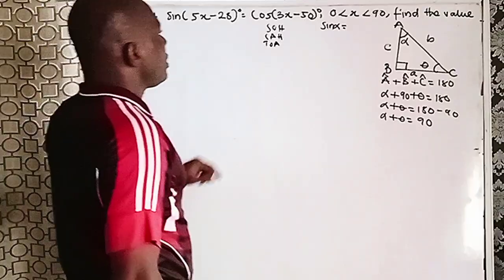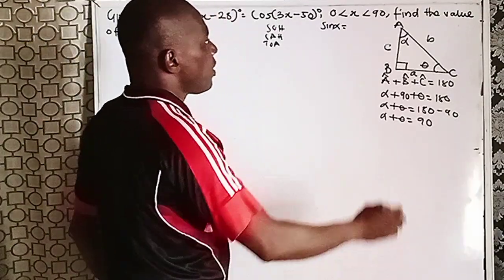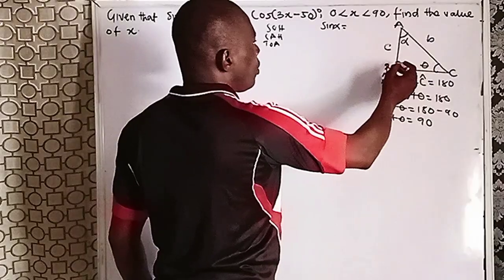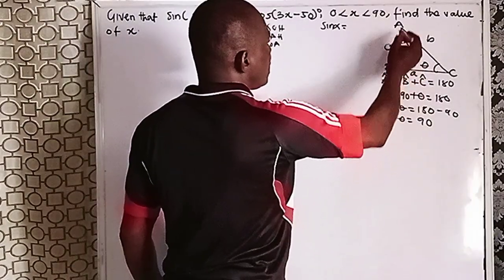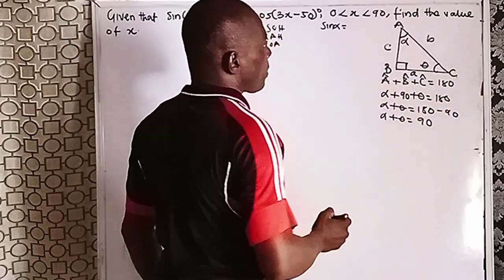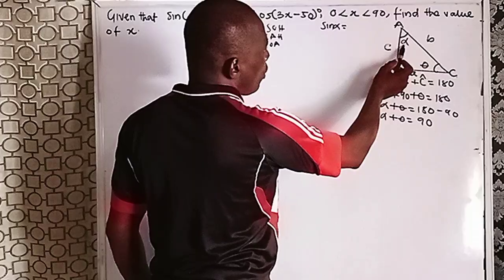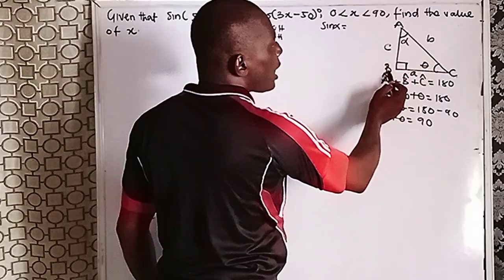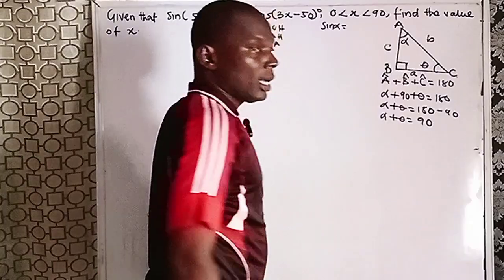Sine is the ratio of opposite to hypotenuse. The hypotenuse of this triangle is the side opposite the 90 degree angle, which is line AC, which is b. The opposite of angle alpha is the side BC, which is represented with small letter a.